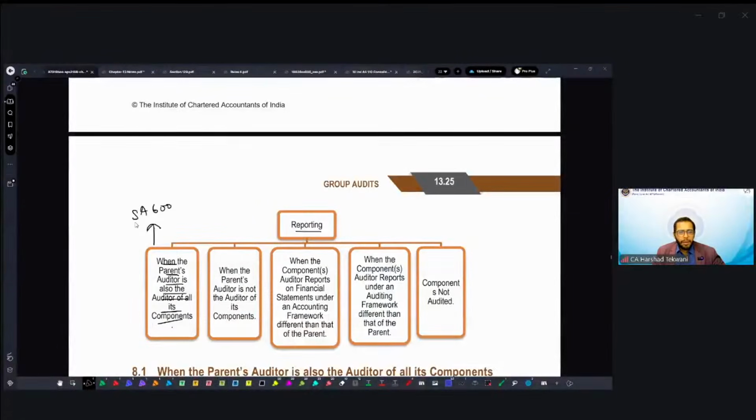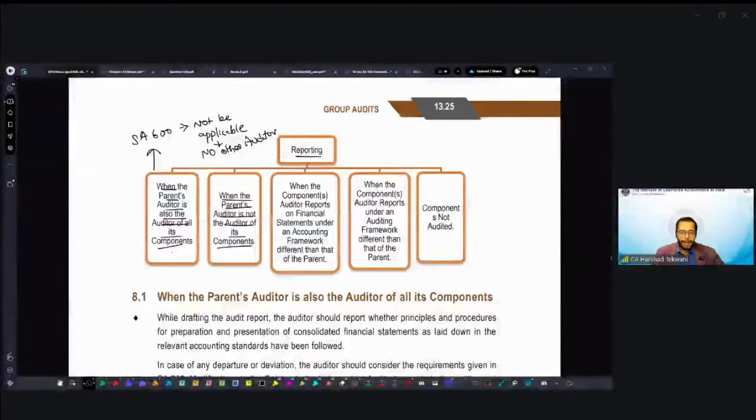SA 600 might not be applicable because there is no other auditor. You are the only auditor. Your work you will use. There is no need for other matter paragraph reporting. When the parent auditor is not the auditor of its component, at that point in time, the other matter paragraph will come. You need to consider SA 600 and the other matter paragraph.